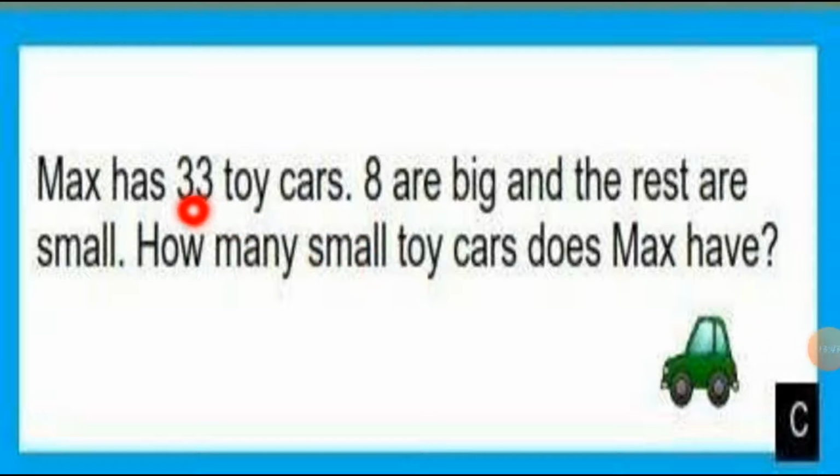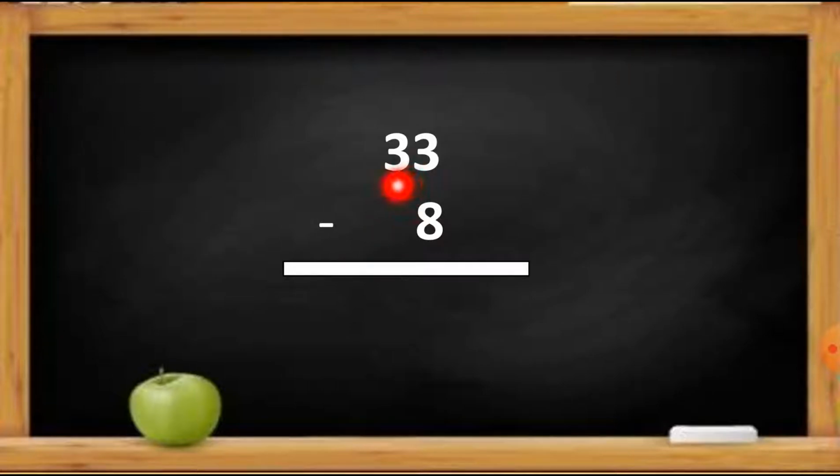Students, let's write. We found 2 numbers here, which are 33 and 8. So let's write 33 minus 8. Here we first choose the ones column. In the ones column, there is the top number 3 and the bottom number 8.